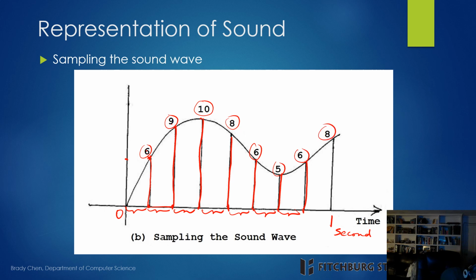And how many samples do we select in 1 second? It's 1, 2, 3, 4, 5, 6, 7, 8, including the 1, or we can also include the 0. So from 0 to 8, we pick 9 samples for 1 second.